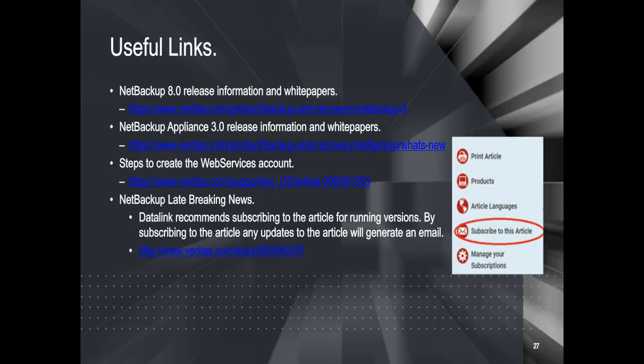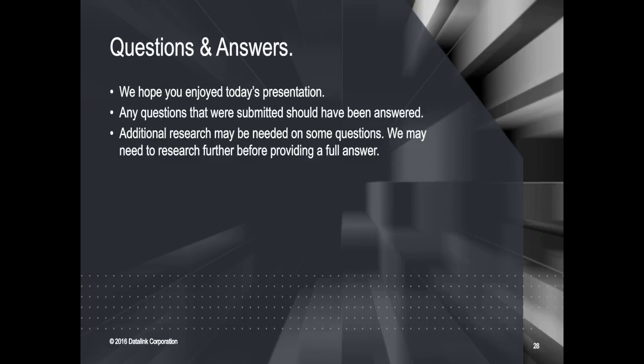What that does is when they make a change to the article, such as adding a new supported configuration, a new version, a new patch, an EEB, or a tech alert of any kind, you'll automatically get an email to let you know the article has been changed, and it gives you a short summary, so you're one step ahead of knowing what's going on there. And you can subscribe to any Veritas tech note just simply by following that same procedure. Subscribe to the article, so when the article changes, you'll get an email notification.